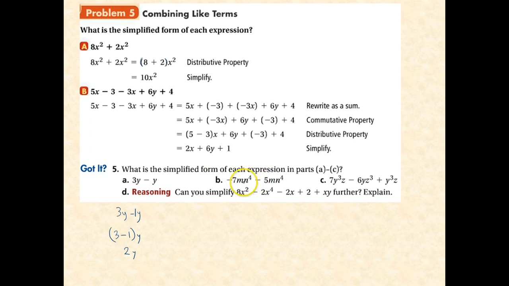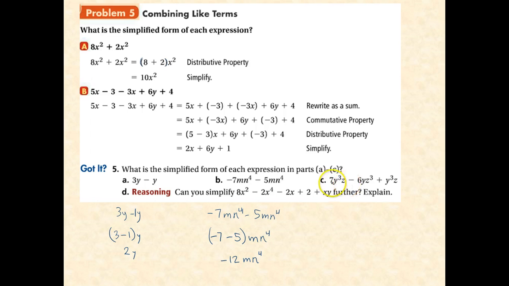For B, negative 7mn to the fourth minus 5mn to the fourth. Those are like terms because they both have m and n to the fourth. So I can use the distributive property and say negative 7 minus 5 times mn to the fourth. And that is negative 12mn to the fourth.